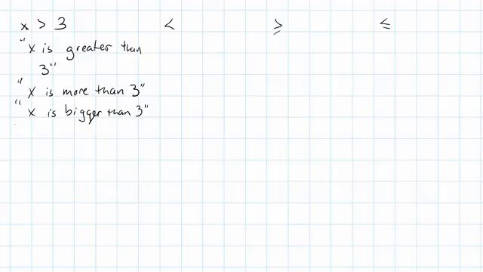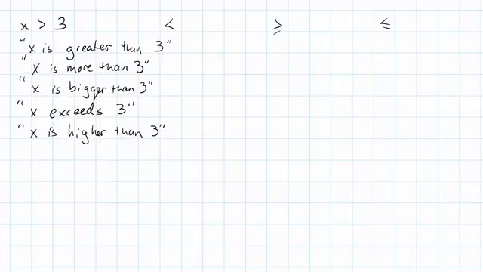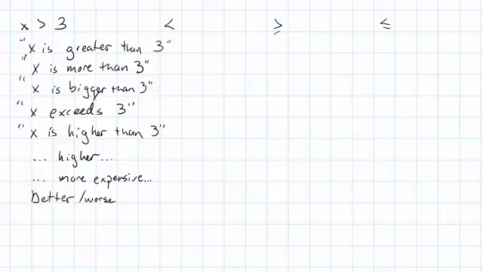We might say x exceeds 3, x is higher than 3. In specific applications, phrases might include higher, more expensive, or, and this is a little bit odd, either better or worse, depending on whether in the context of the problem large numbers are better or small numbers are better.